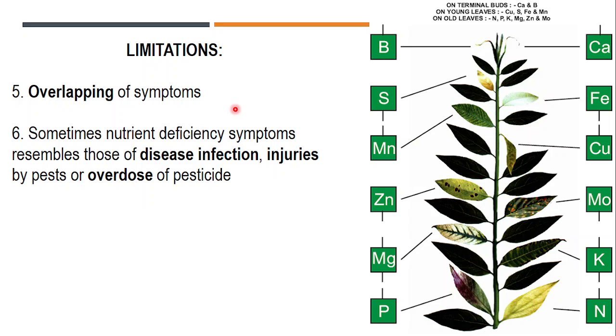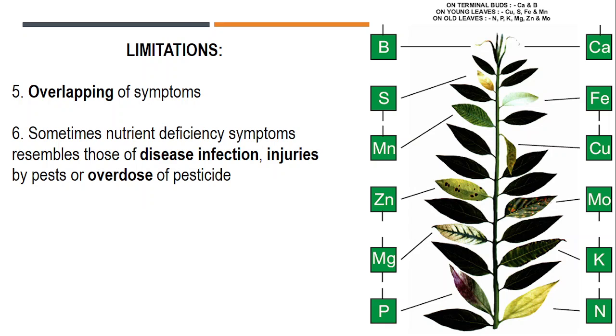Okay? Then, the last one, sometimes, nutrient deficiency symptoms resembles those of disease infection, injuries by pest, or overdose of pesticide. Pwede din yung over-application of fertilizers. Say for example, nag-apply ka ng foliar fertilizer na very concentrated, in-spray mo sa crop, nasunog.